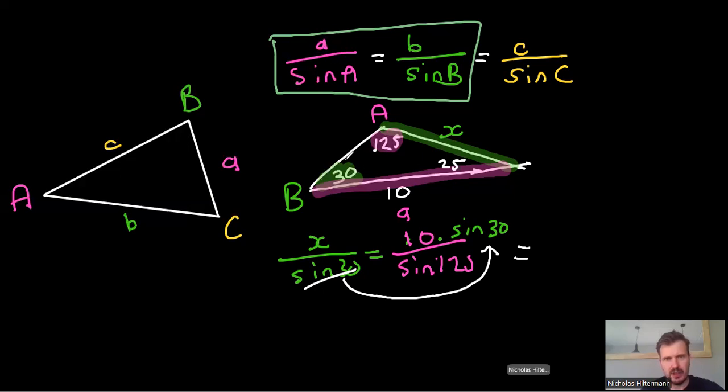So if this 30 is a larger angle than 25, this should be bigger than 10. So that's fine. So what do we get? 16 point 0.4. Okay, 16.04.